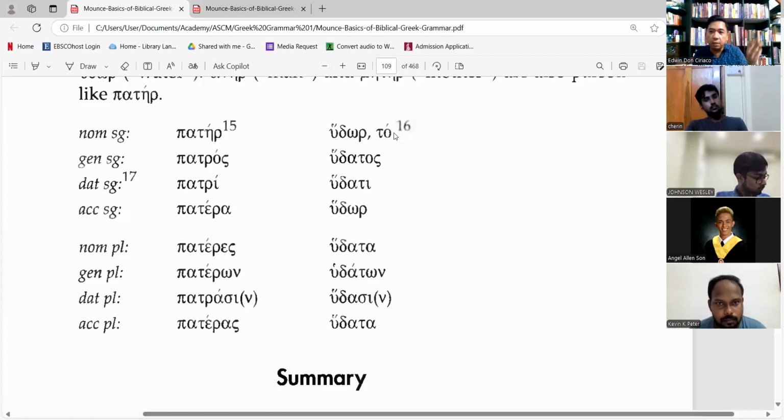So you look for another nominative that is the one performing the action, like the word drink. So you know hudor is the substance that is being drunk by the person. So automatically you know it is accusative, because it's a direct object.